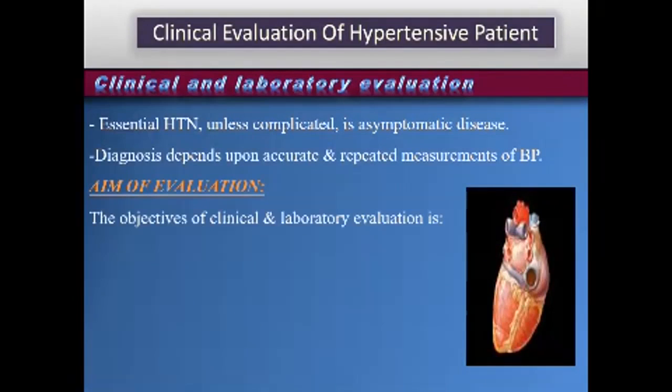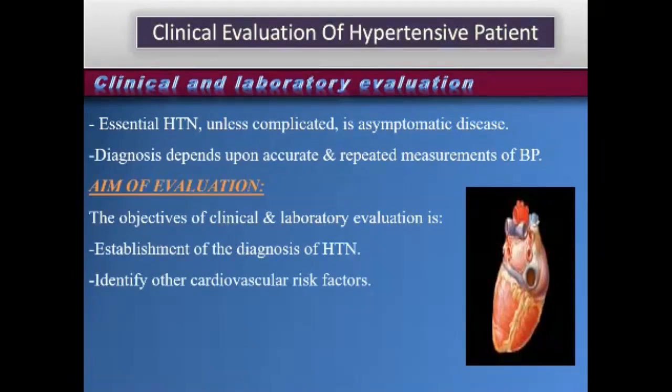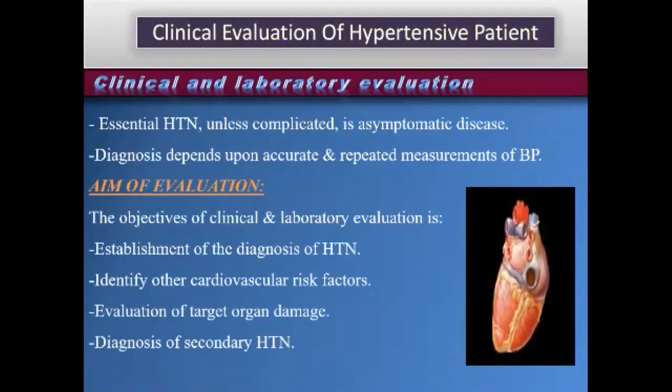The objective of clinical and laboratory evaluation is establishment of the diagnosis of hypertension, identify other cardiovascular risk factors, evaluation of target organ damage, and diagnosis of secondary forms of hypertension.